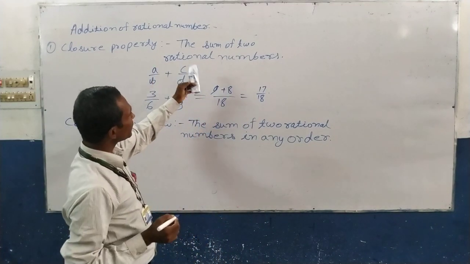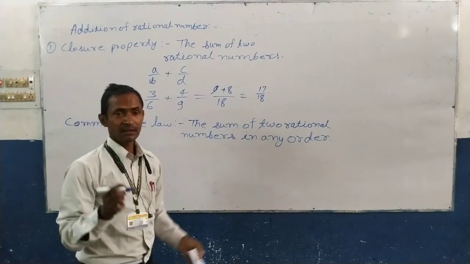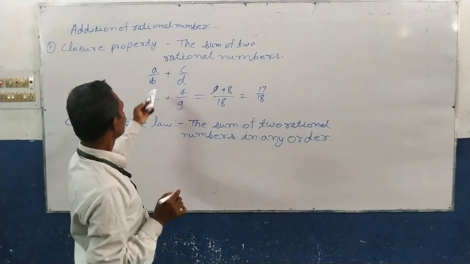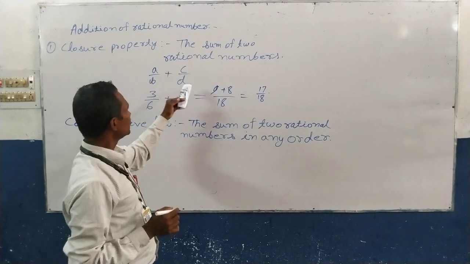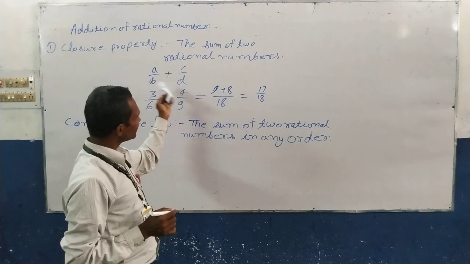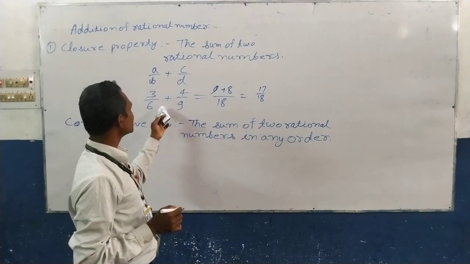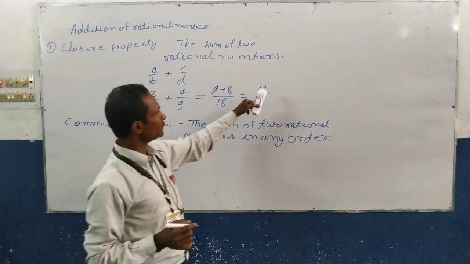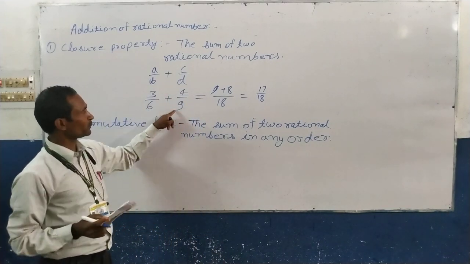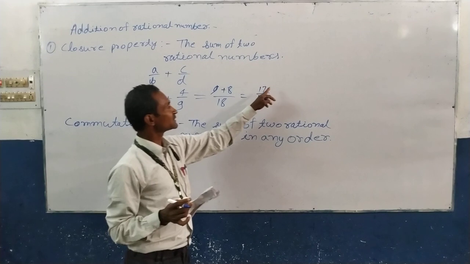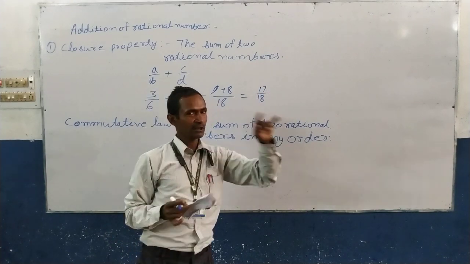First, closure property: the sum of two rational numbers is also a rational number. Then a by b plus c by d, the sum of this, just like 3 by 6 plus 4 by 9, is equal to 17 by 18. If 3 by 6 and 4 by 9 are rational numbers, then 17 by 18 is also a rational number.